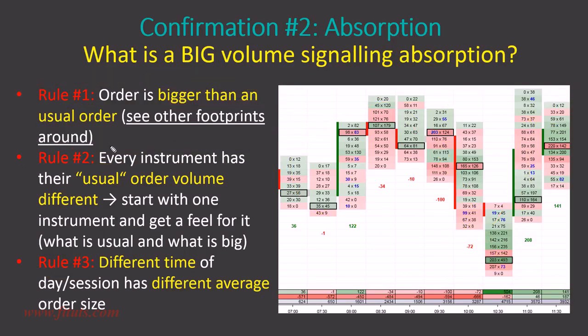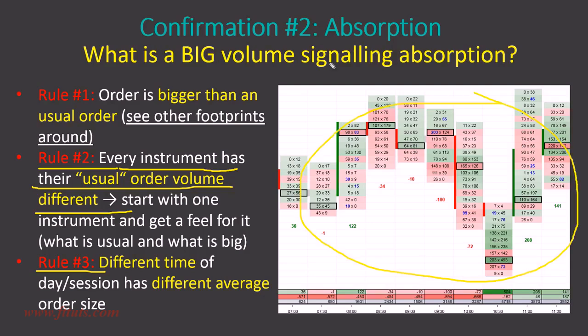But there are also rules number 2 and 3 which you can follow when you are a little bit more experienced. Rule number 2 says that every instrument has a different usual order volume. For example, those volumes which you can see here would be sort of normal volumes for the Euro futures.